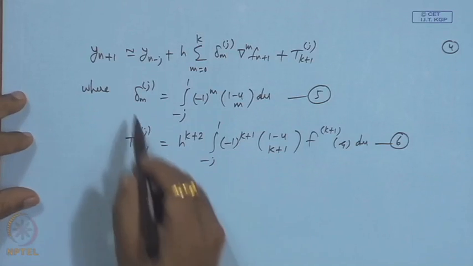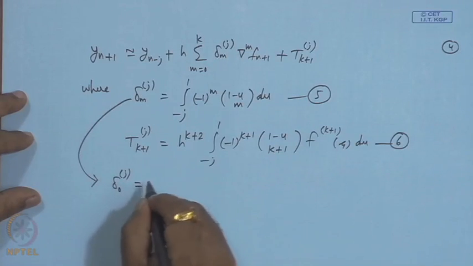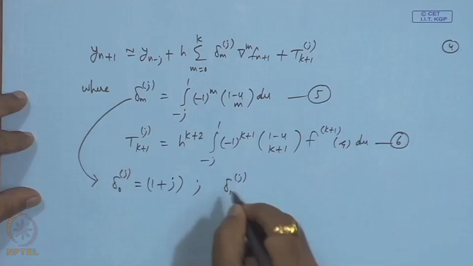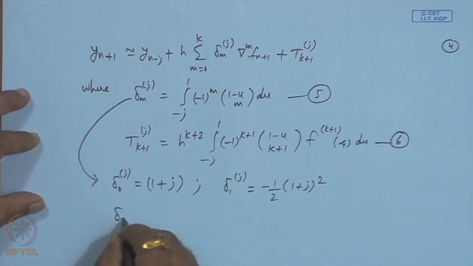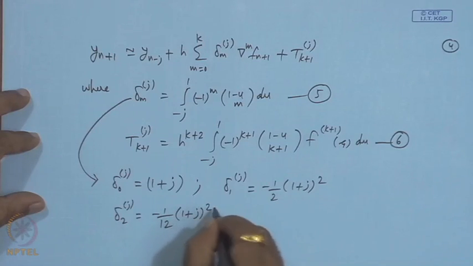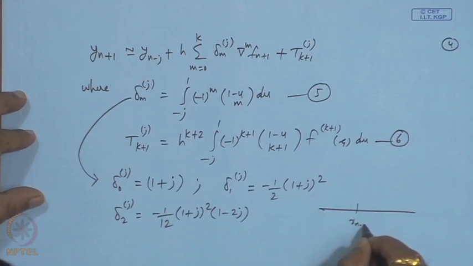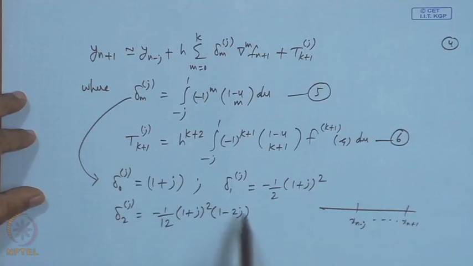Now, one can compute the coefficients: one plus j, one plus j square, etc. So, for example, when we are using more than one interval to the left, if we fix a particular j, that will determine the coefficients.